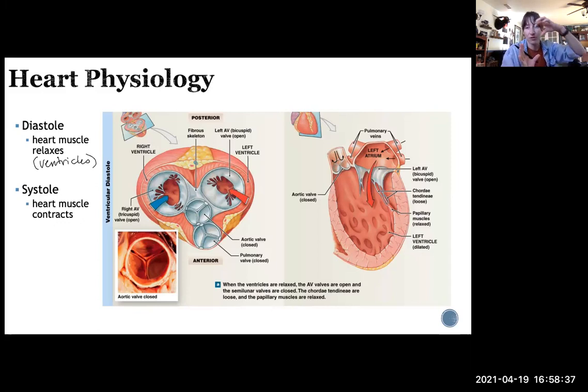So if your ventricles are relaxing, your atria are contracting, that doesn't create a whole lot of blood pressure through your veins and into the cuff, right? The blood pressure cuff. So your diastolic blood pressure is usually a smaller number, and your systolic blood pressure is going to be a higher number because that's when your ventricles are contracting and you get a big push of blood through all of your blood vessels, and your blood pressure monitor picks it up, right?